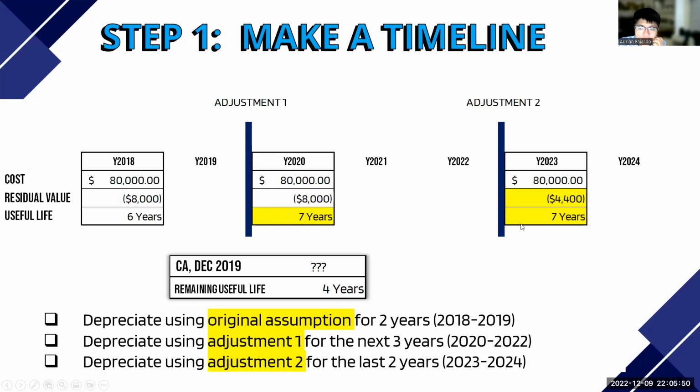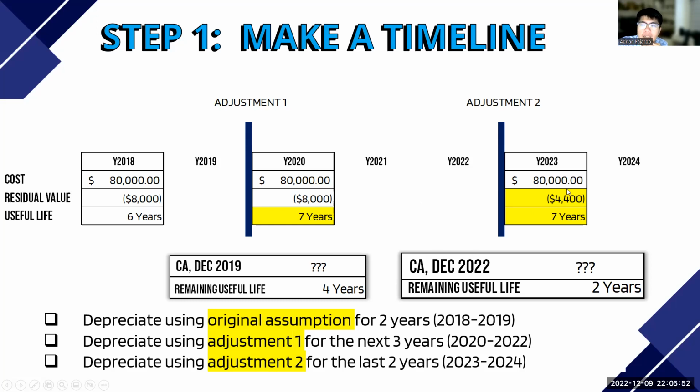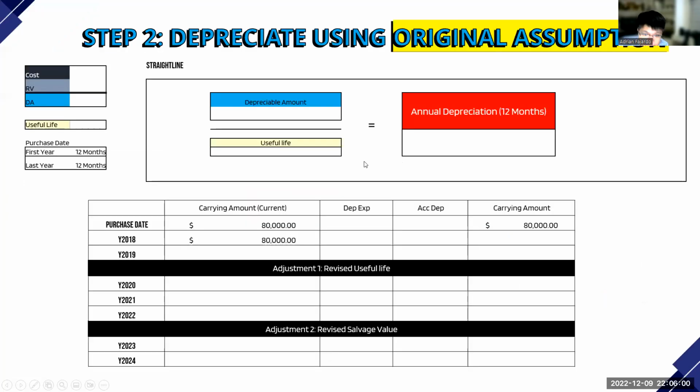So 5 yung remaining useful life. And then, in the second break, kailangan rin natin malaman yung carrying amount ng December 2022 with the remaining useful life of 2 years. So basically, ito yung itsura ng table natin. Normal table pero may dalawang breaks: revision adjustment 1 and adjustment 2.